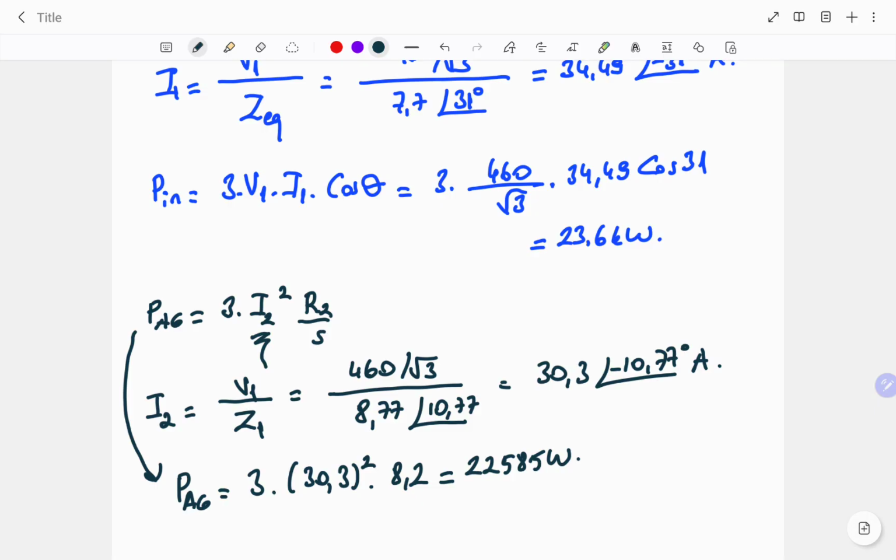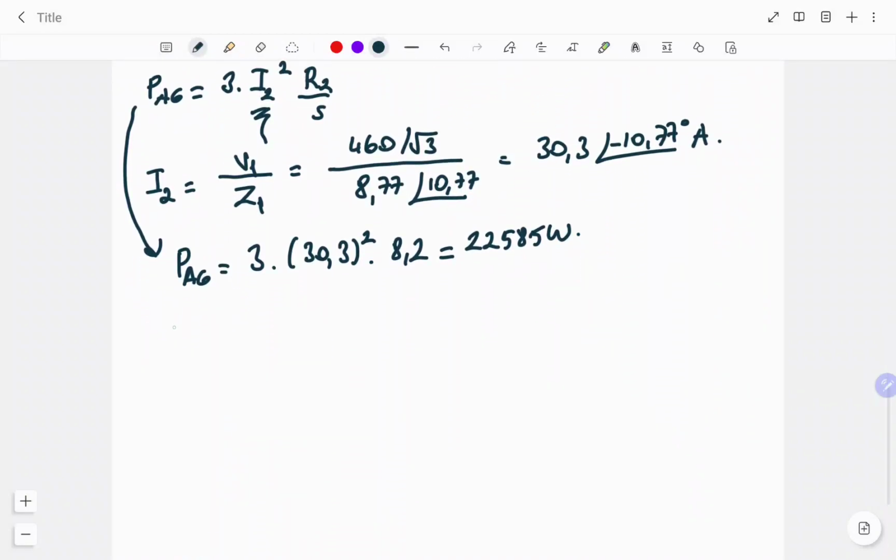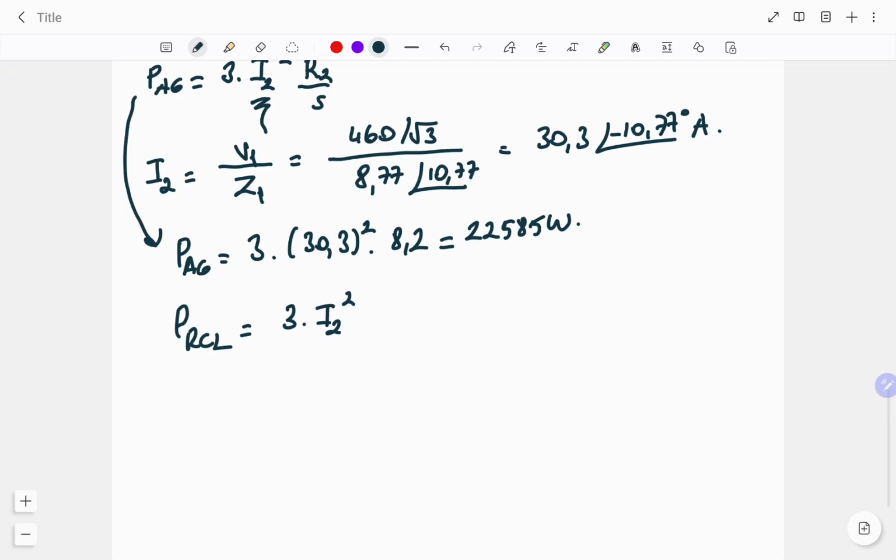What else? We can continue through the rotor part, and the rotor copper losses can be calculated. Again, we will use 3 times the current flowing through that part squared, and for the rotor copper losses, the representative parameter is R2.